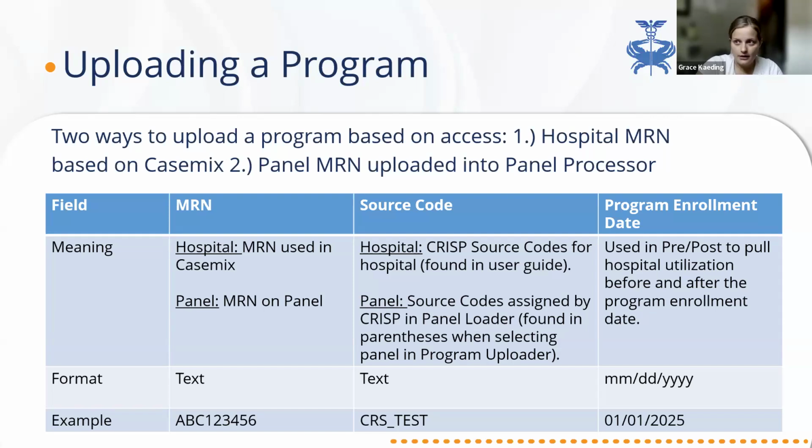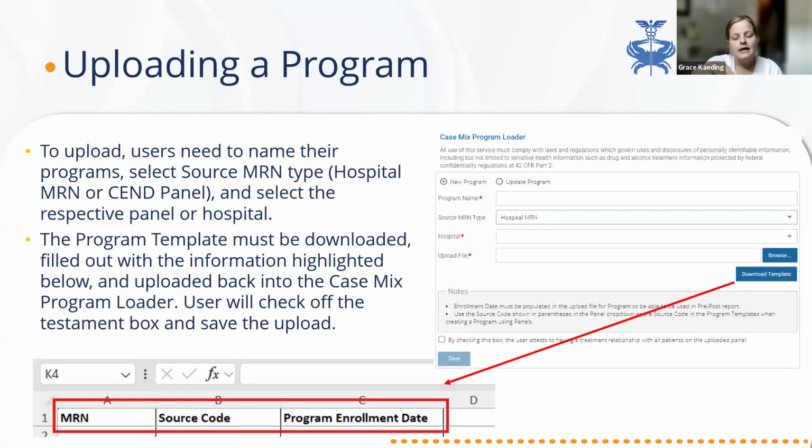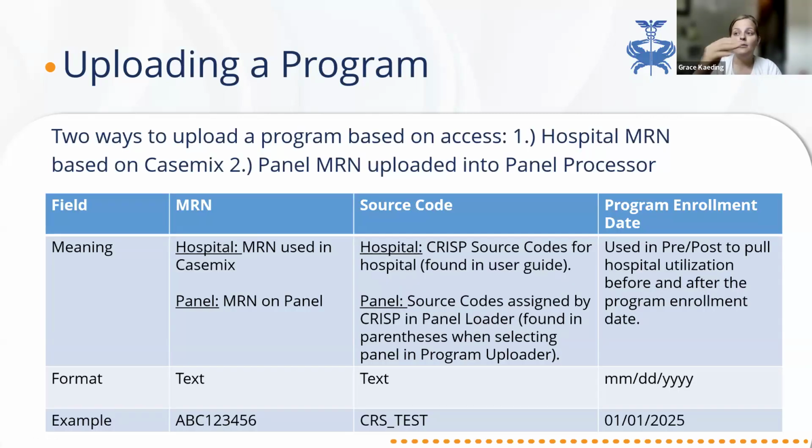And it's pretty easy actually to find in pre-post because when you select your panel in the drop down in the case mix program loader, it will be in parentheses. Both are text and then an example here at the bottom. So if you're a panel user, you'll see your source code in parentheses in the case mix program loader, and it should look like something all capital, such as CRS underscore test.